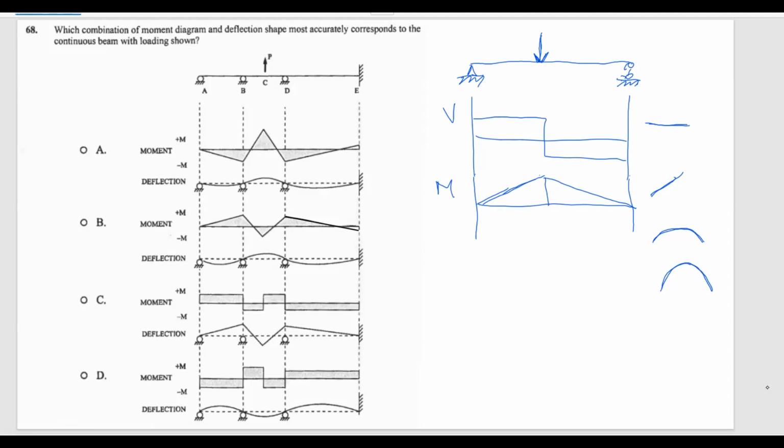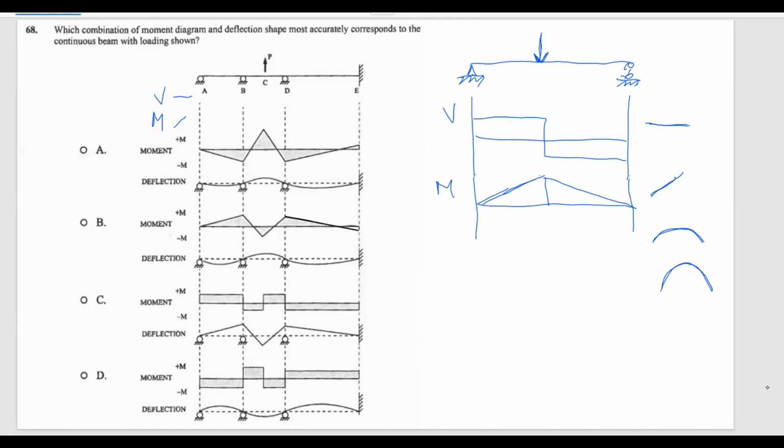So in our case, we have a point load, and that means that the shear diagram is going to be constant and the moment diagram has to be linear. So let's identify the linear moment diagram.